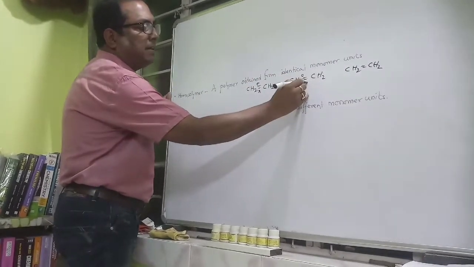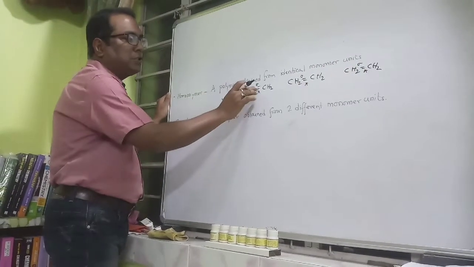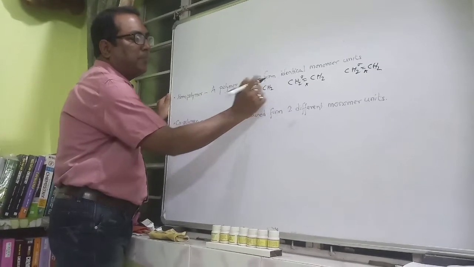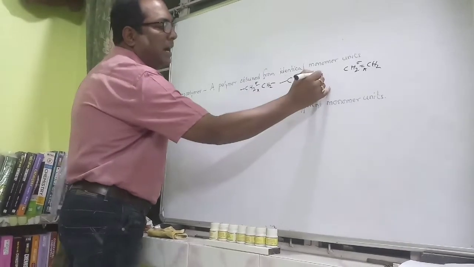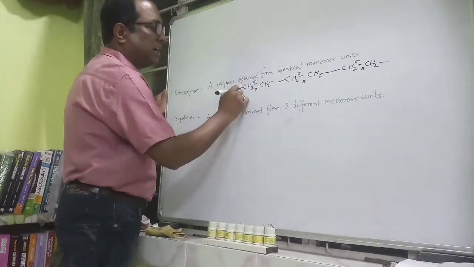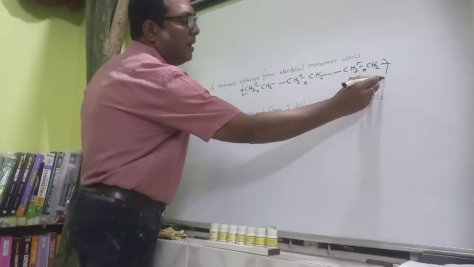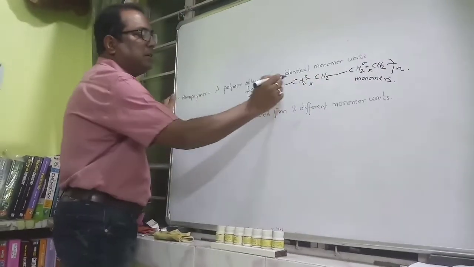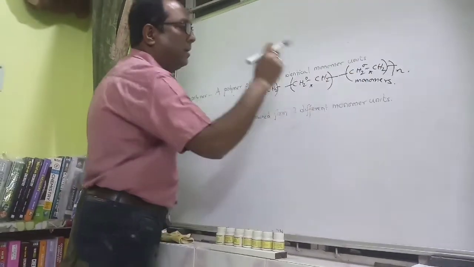The pi bond being a weak bond, under certain temperature and pressure with the effect of a catalyst, this bond breaks up and they join hands with each other. So these are the monomers, and many such monomers, n times, repeat and become a polymer.